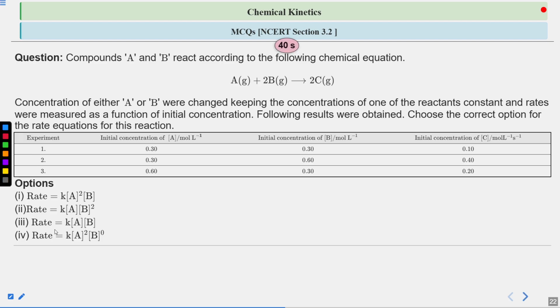So you are given some time, try to solve this, then we will see the correct answer. Okay, let's see.